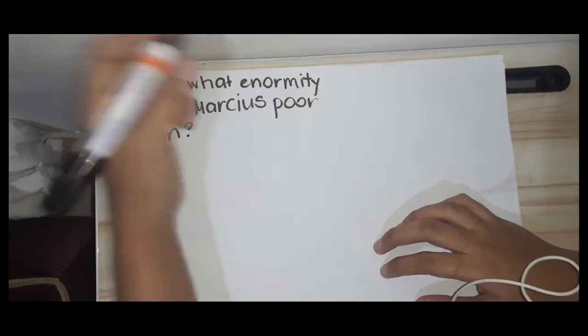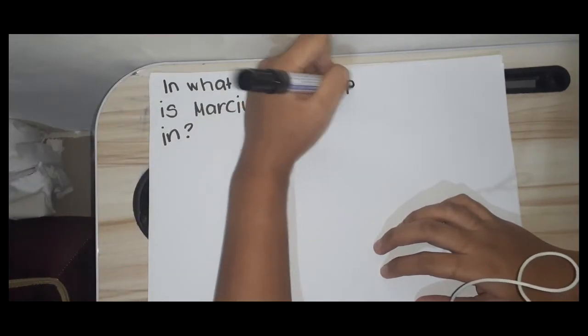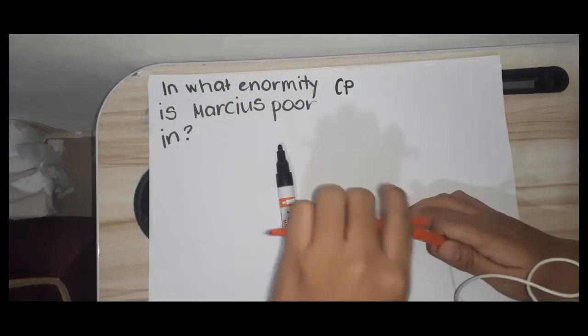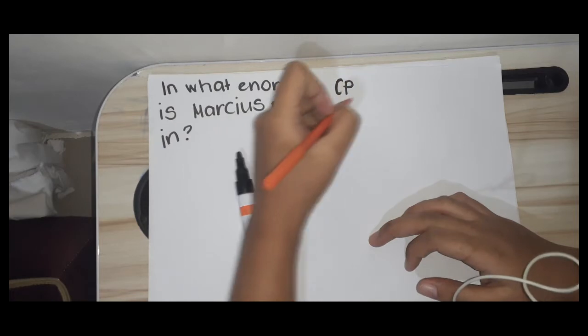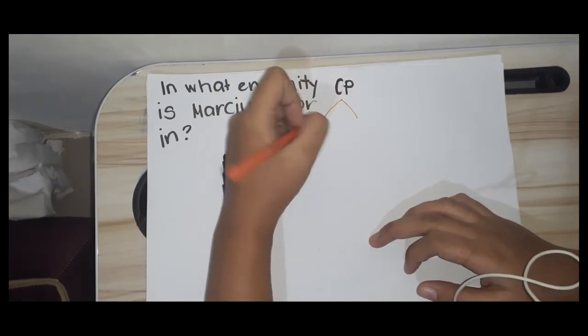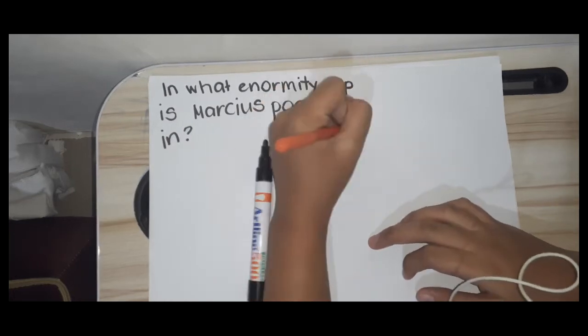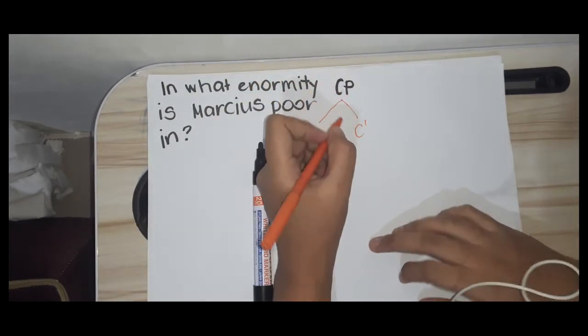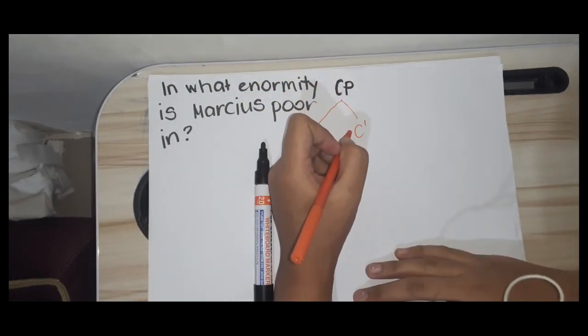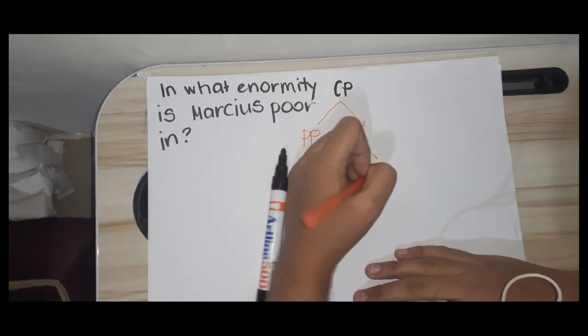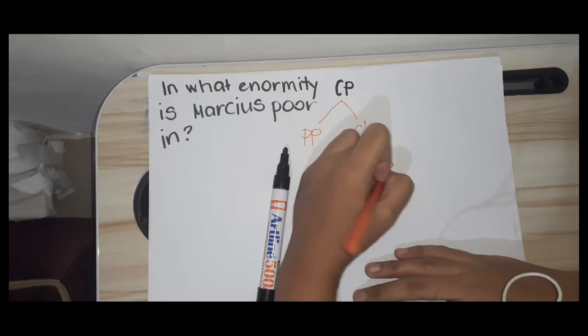So let's draw the tree. CP, next is PP, C bar, and C, and space.